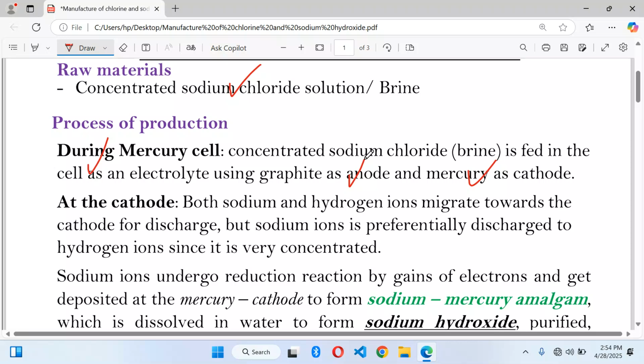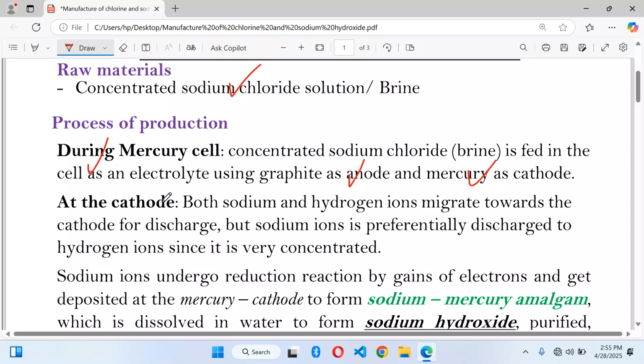Now, what happens at the cathode? Our major emphasis now is at the cathode. Why? Because it's where we see the sodium ions going, and it's from there that we're going to get our sodium hydroxide.